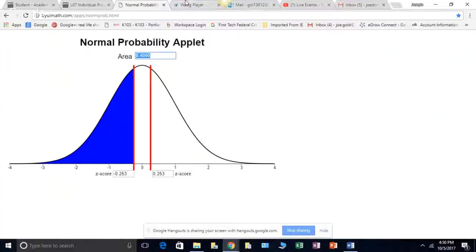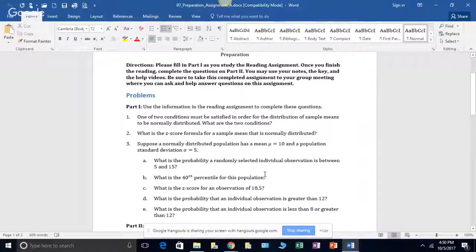Okay, so here, what I would do is, the formula is 0.253 equals, because that's the z-score, x minus 10, which is the mean, divided by the standard deviation of 5.